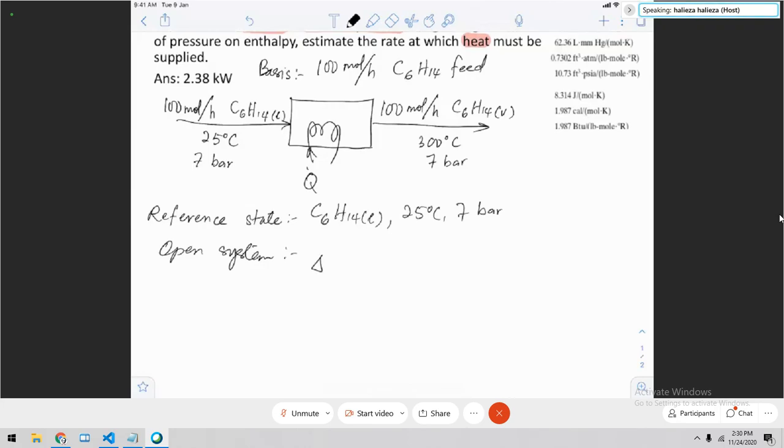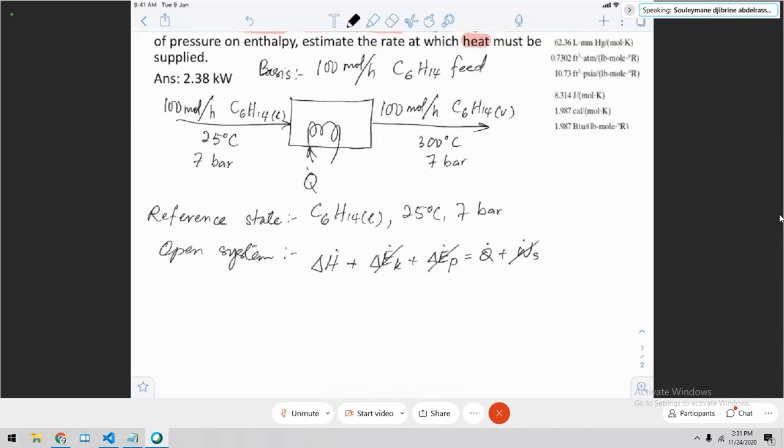Delta H plus kinetic plus potential equals heat plus shaft work. Okay. Anything that needs to be dropped off? Kinetic, shaft work, and as well, potential.